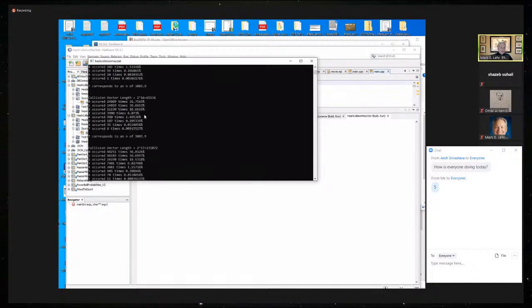And as you keep going down, you get to like 2 to the 18th, which is 262,000. You've got about 36.8% empty, 36.8% having about 1 here.